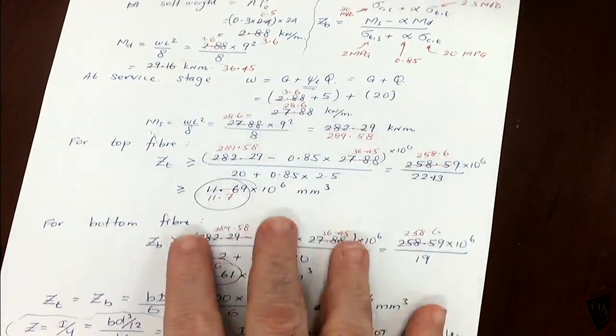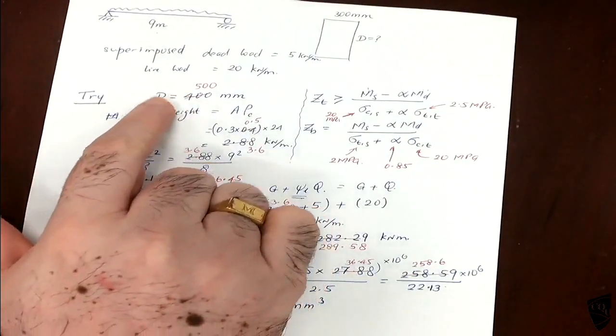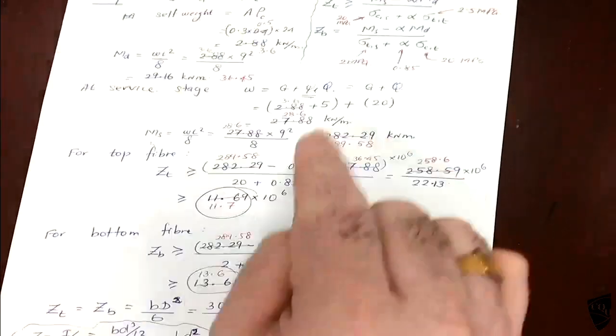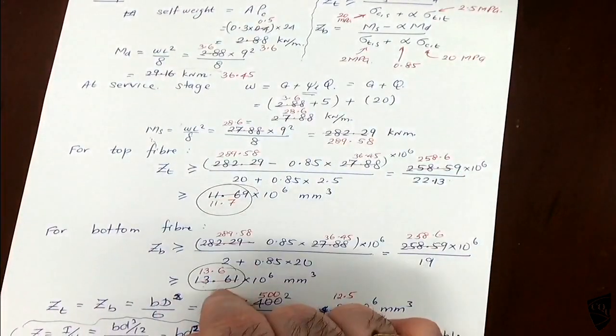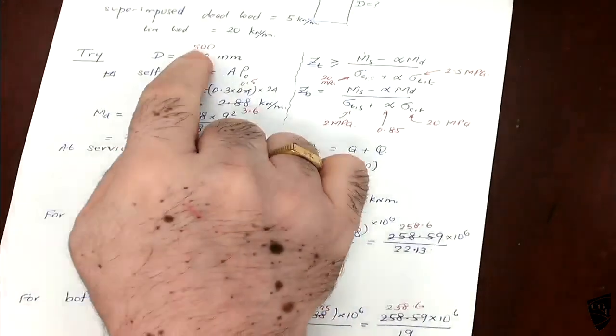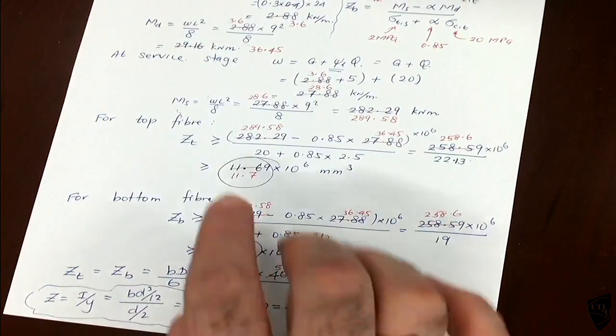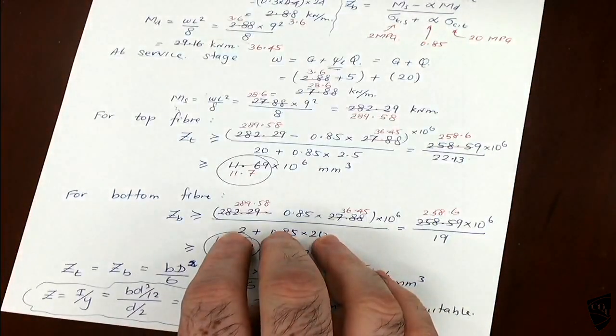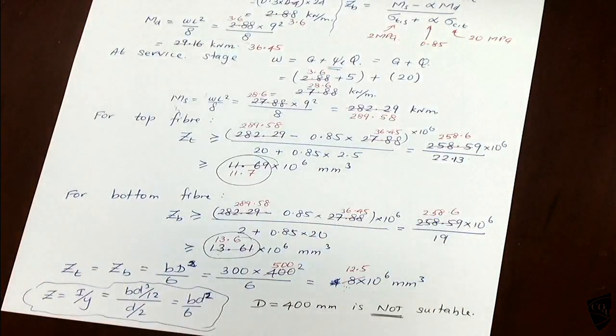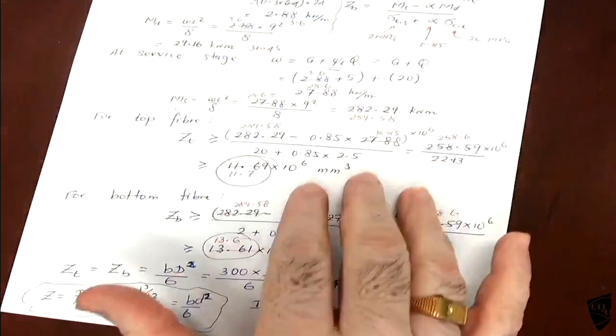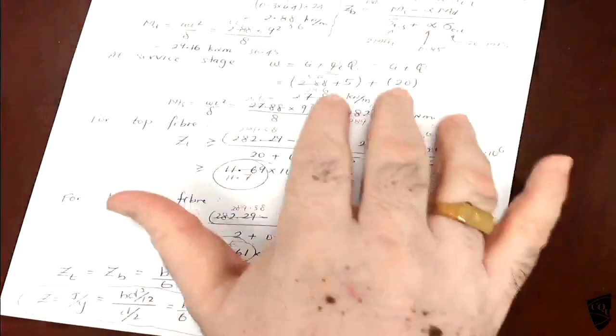So that means you assume a section of 400 and you found out the requirement. Then you increase the section, but you don't need to do all the calculation again because it won't change much. It might change a little bit, but it's not much. So it's no point working out all these values again.